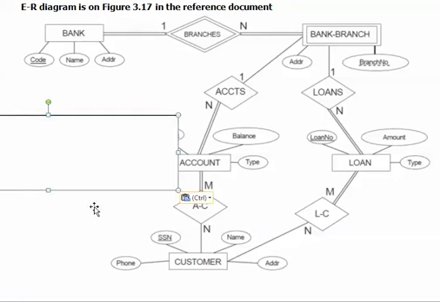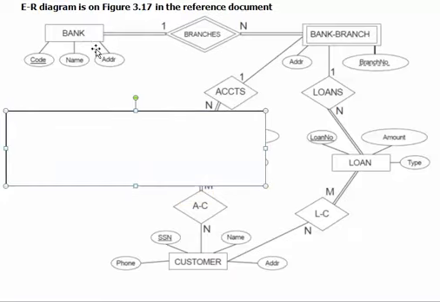Okay, so then we go and inspect the entities. In this case, we're going to start with bank, and then we look for the relationships in which the entity participates, because from those relationships we may be getting a foreign key. So the first relation that we're going to get is bank. It's participating in just one relationship, and the double line means total participation.